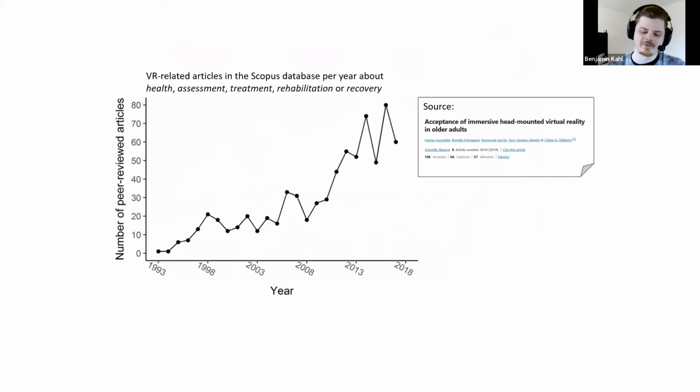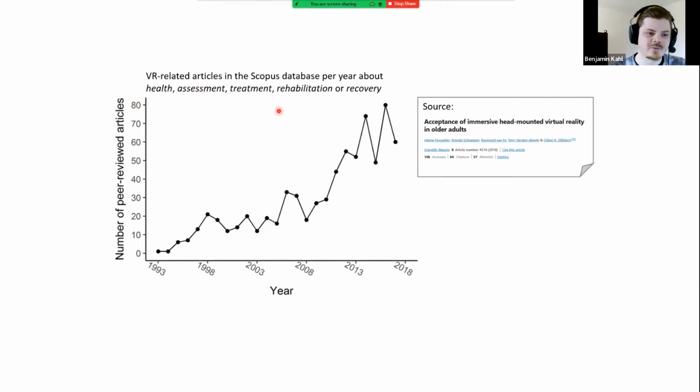It's no longer highly specialized equipment that costs a fortune. These are the peer-reviewed articles in a database that are VR related and contain one of the keywords: health, assessment, treatment, rehabilitation, recovery. This would be more medicine as opposed to psychology, but most research areas do reflect a similar trend.